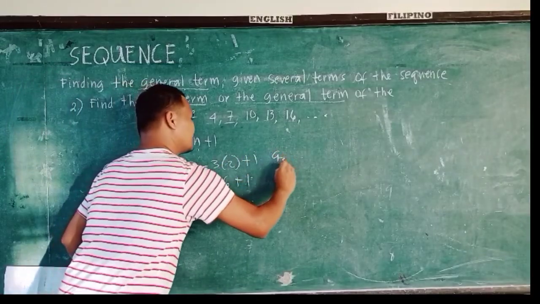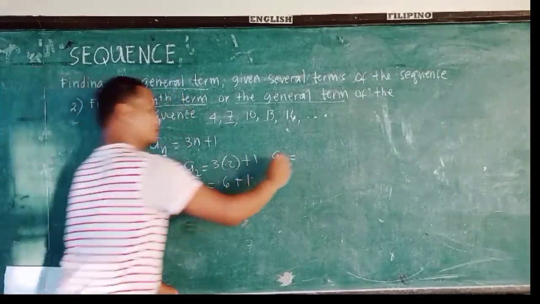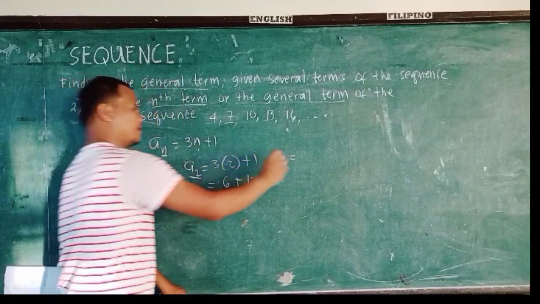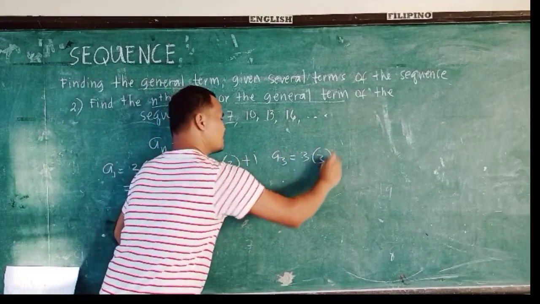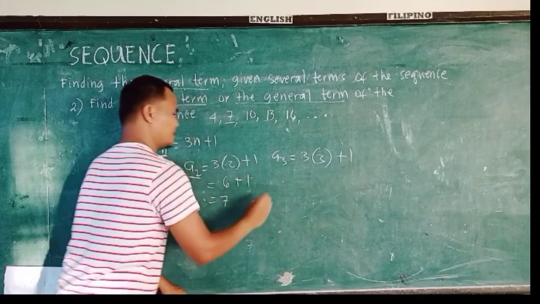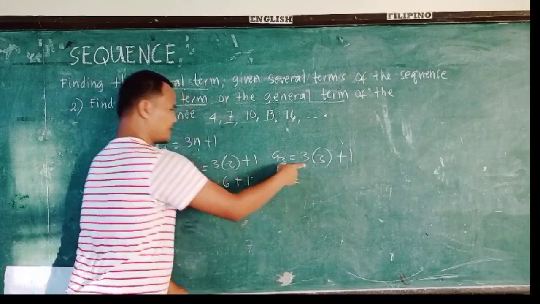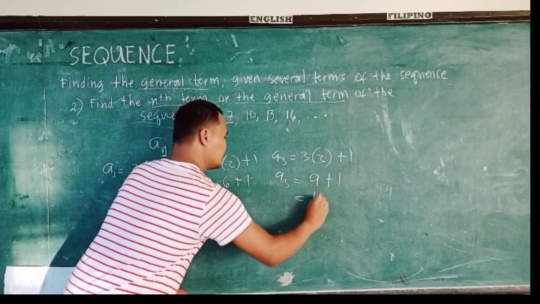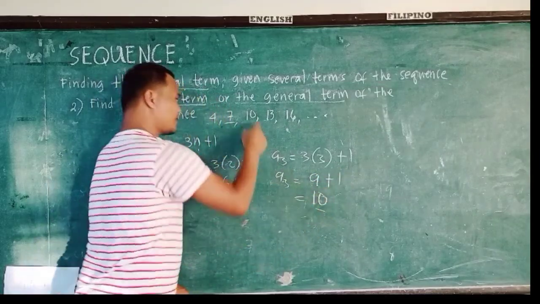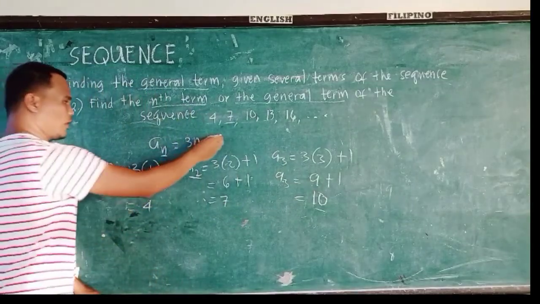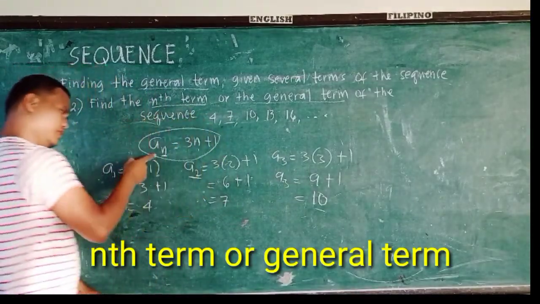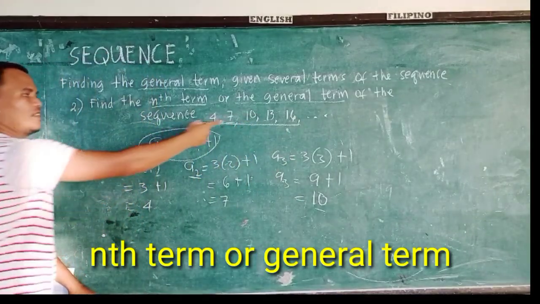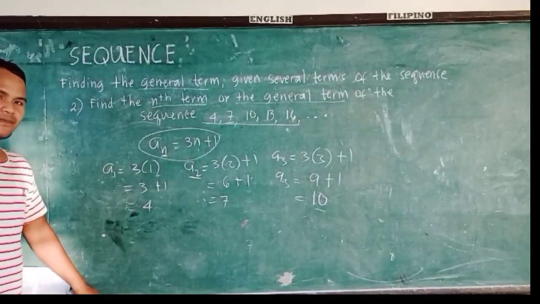Then for a sub 3, so a sub 3 will be 3 times 3 plus 1. What is 3 times 3? 9 plus 1. That is equal to 10. Are they the same? Yes. So therefore, this is our n term or the general term of this sequence.